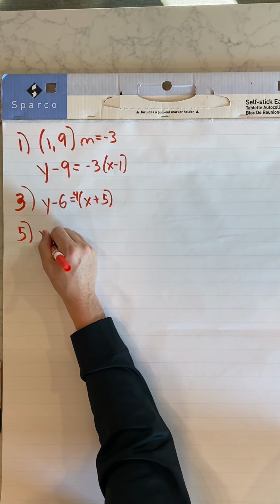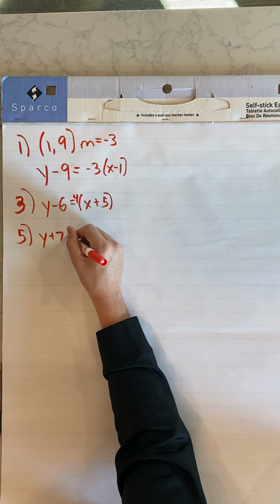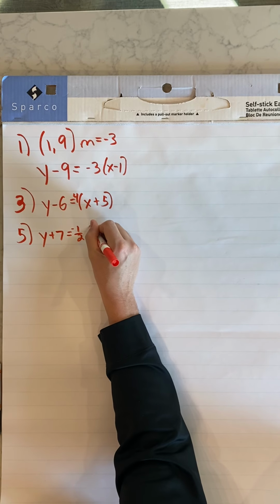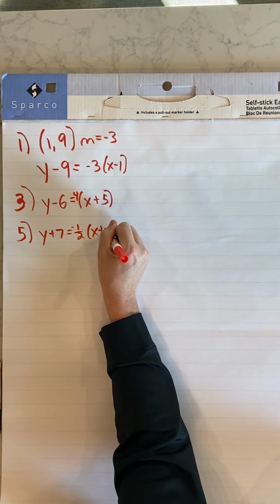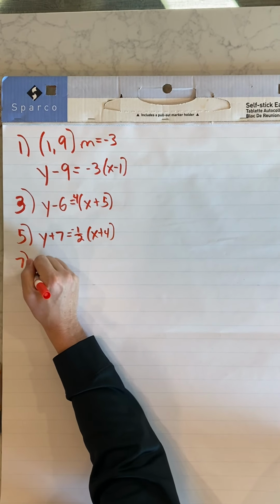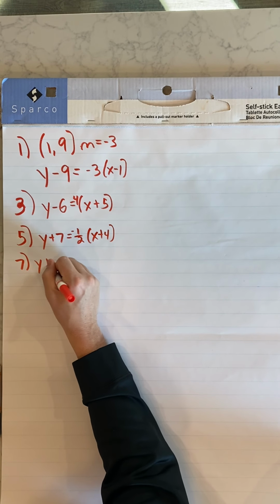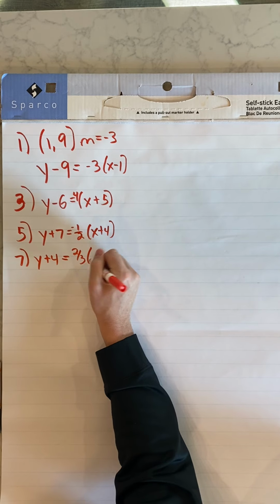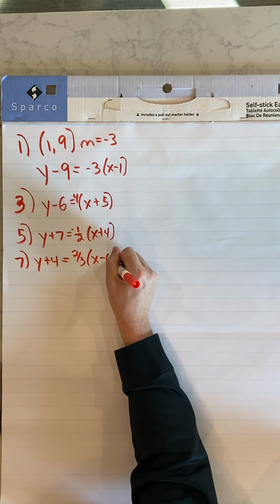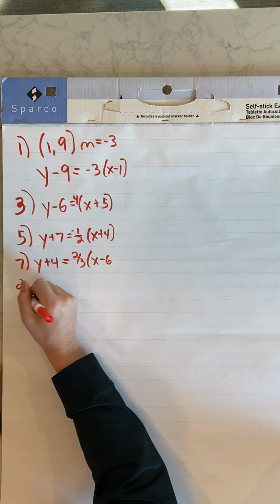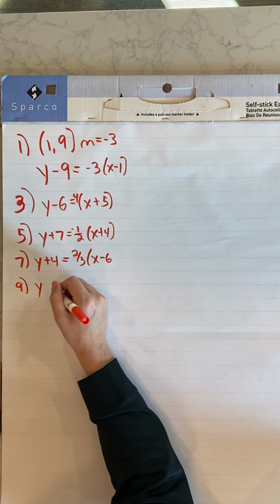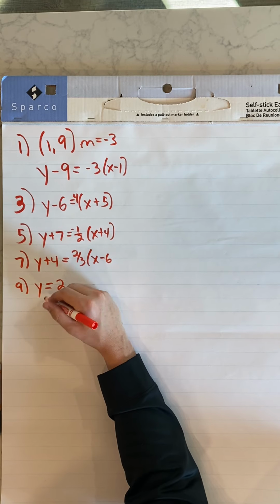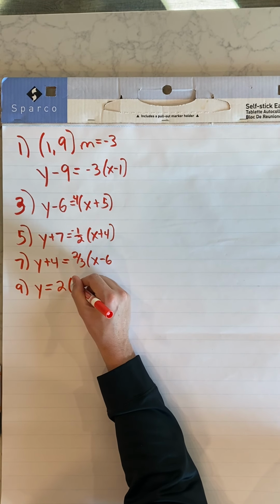Number 5, y plus 7 equals -1/2 times the quantity. Number 7, y plus 4 equals 2/3 times the quantity x minus 6. Number 9, y equals, if you put y plus 0, that is okay, but simplified would be just y equals.